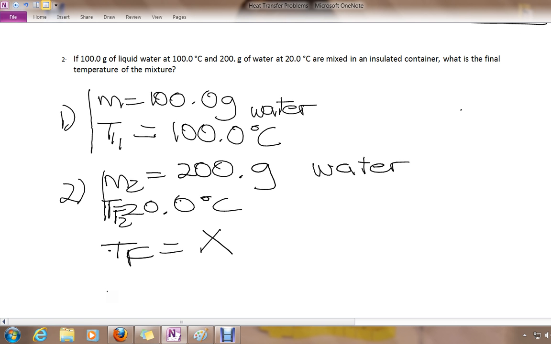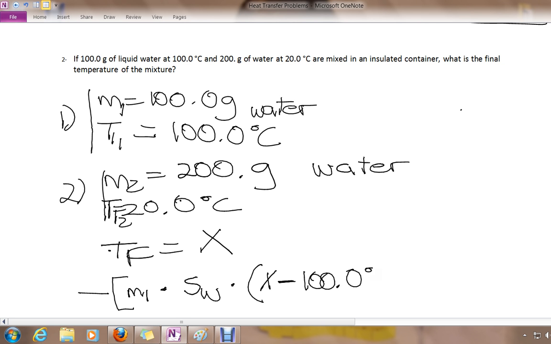So again, we do our equation, which has to have the negative sign on the one that initially has a higher temperature, because it's releasing the heat. So the mass of system 1, this would be minus the mass of system 1, multiplied by the specific heat of water, multiplied by TF, which we're going to call X, minus the initial temperature, which is 100.0 Celsius, equals 200, because it's the 200 grams.